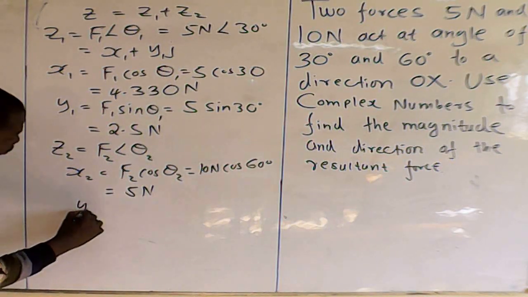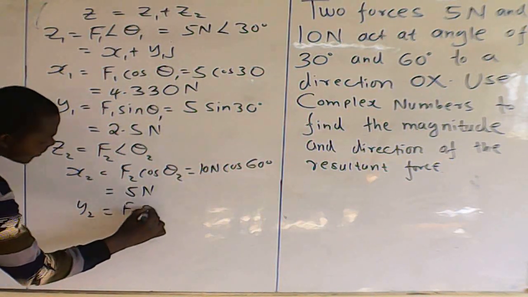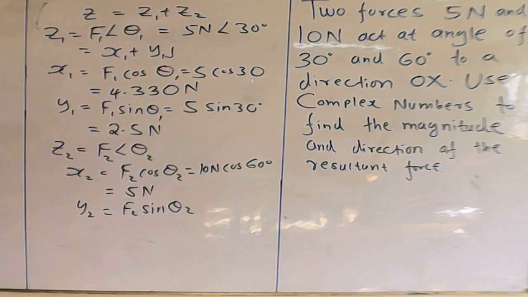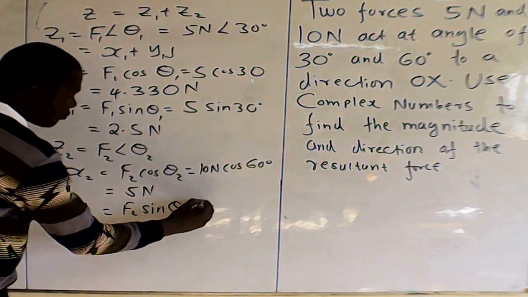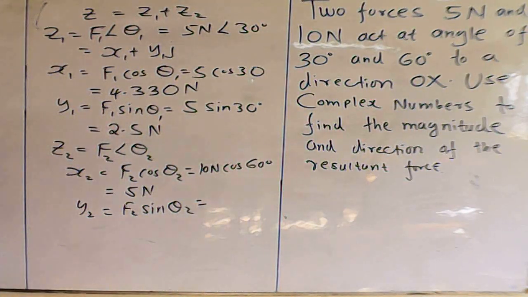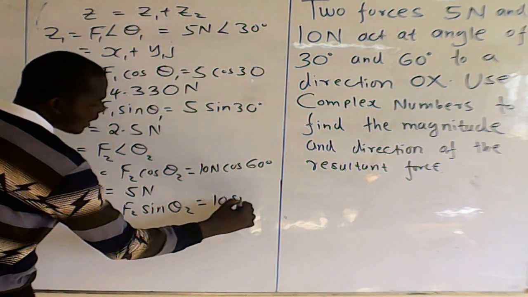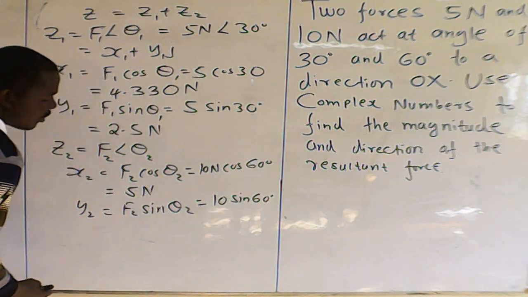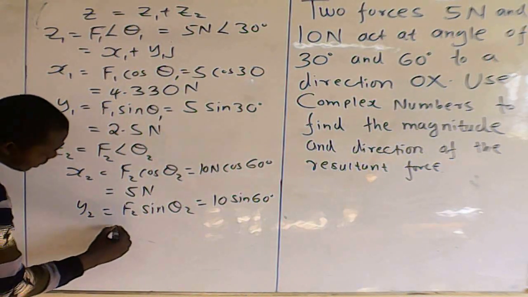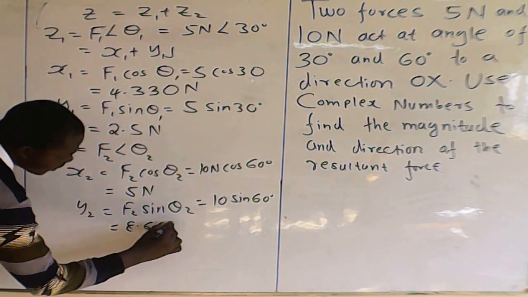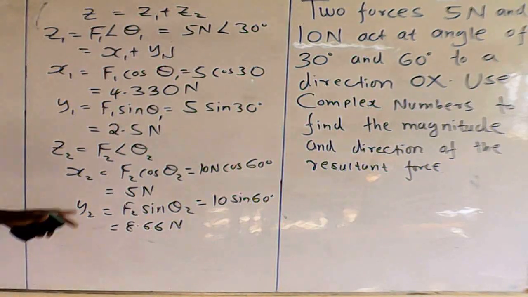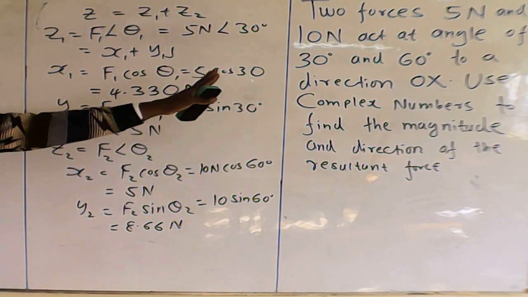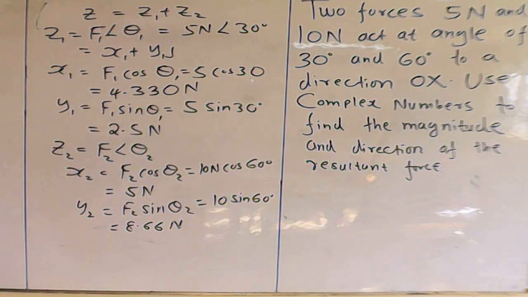Then you move to Y2, which is with the sine ratio, F2 sin theta 2, which is 10 sin 60 degrees, which you found to be 8.66 Newton.